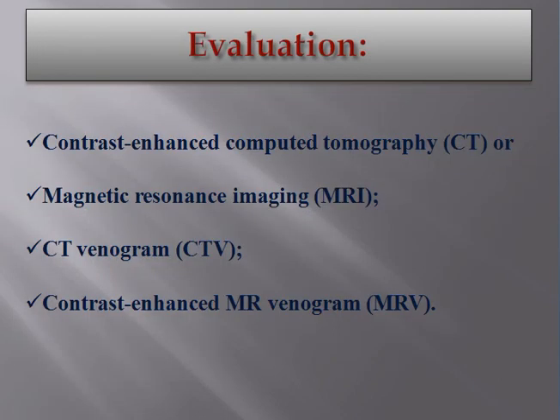The optimal diagnostic test is neuroimaging with either contrast-enhanced computed tomography or magnetic resonance imaging, MRI. CT venogram, or CTV, and contrast-enhanced MR venogram, MRV, are highly sensitive, whereas non-contrast CT and time-of-flight MRV may miss the diagnosis.